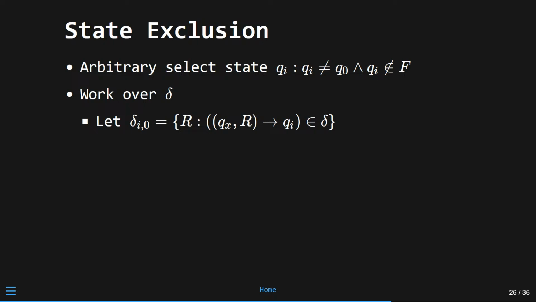Those are edges before Qi. Oh, so it's like initial edges. Initial edges, but also edges from any other state. Remember, every state is connected. We assumed that, right? So every single other state has an edge that goes to my state, Qi. So I take all of them. Okay?